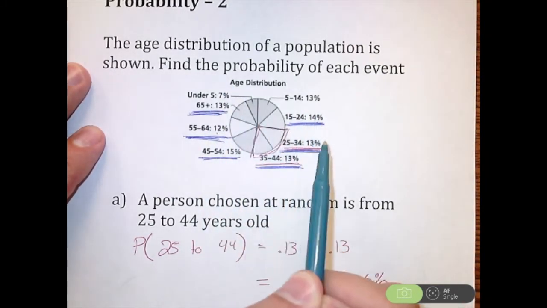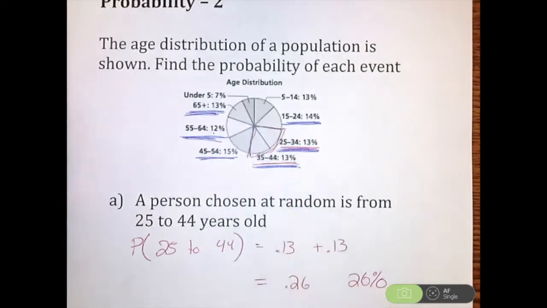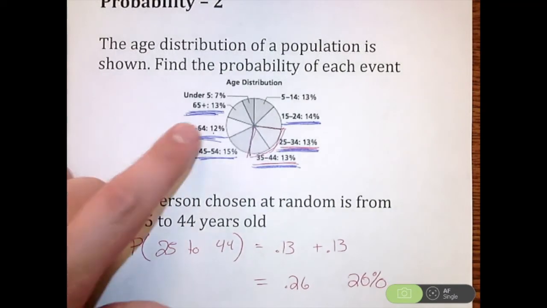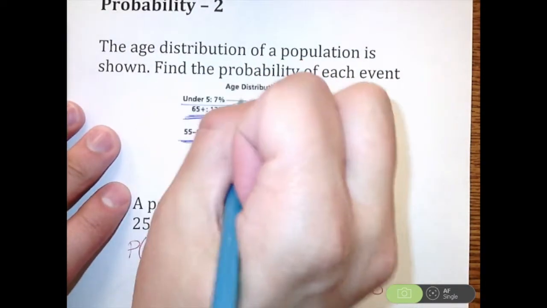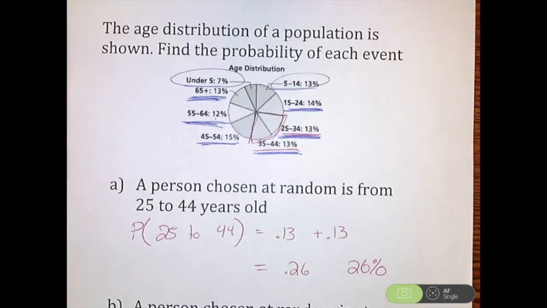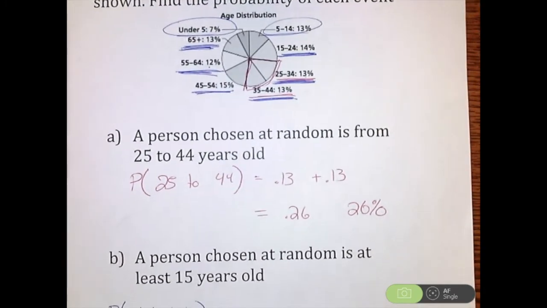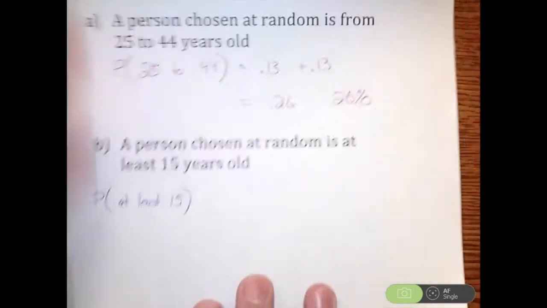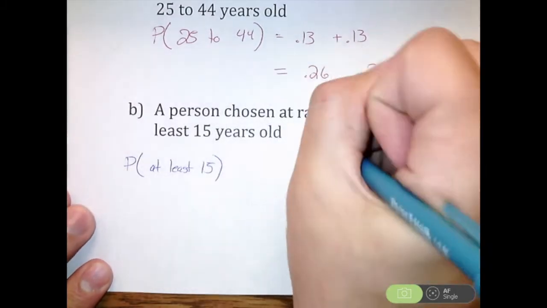Notice how I'm using 1, 2, 3, 4, 5, 6 pieces. But notice what I'm not using. I'm not using this piece or this piece. That's what I'm not using. And the way we can use that to our advantage is we use something called the complement.